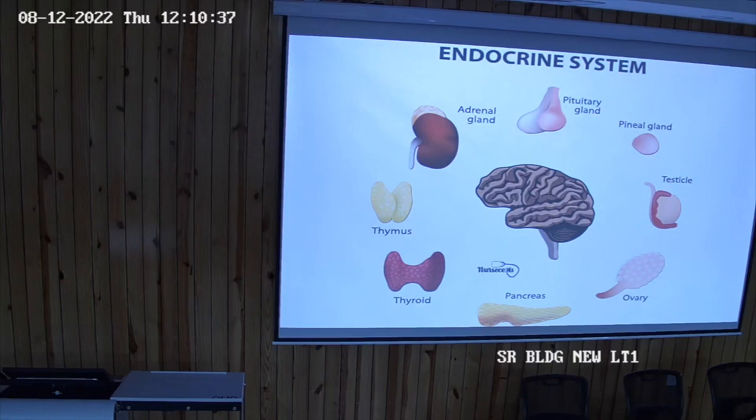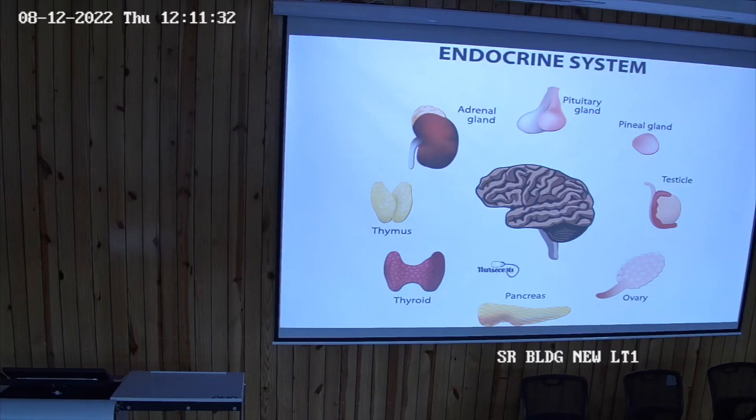The hypothalamus gives two types of orders. One is the releasing hormone, another is the inhibiting hormone. If the hormones are at the required level, the pituitary gland receives this information and stops secreting the hormones.